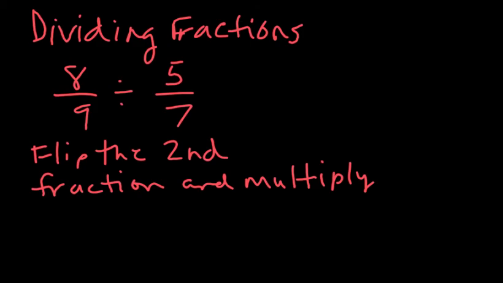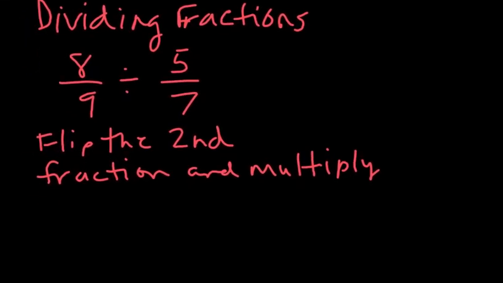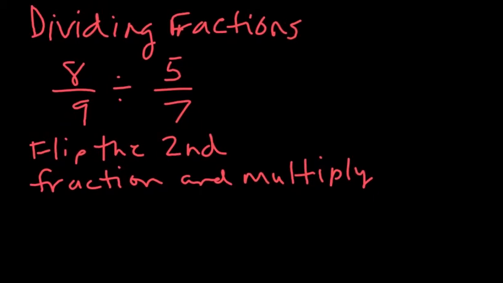Dividing fractions. Remember the rule? Flip the second one and multiply. So instead of 8/9 divided by 5/7, we're going to have 8/9 times 7/5.